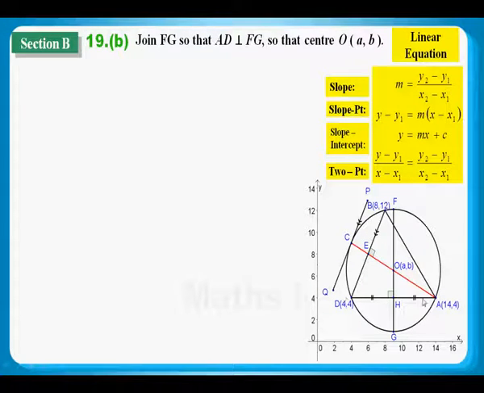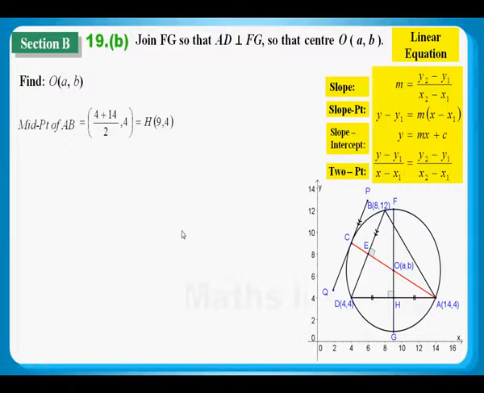So the y coordinate must be 4. The x coordinate of H is not difficult to find because it is just the middle of 4 and 14, which is, of course, 9. So I have already found the x coordinate. Again, because FH is perpendicular, the x coordinate of the center must also be equal to 9.